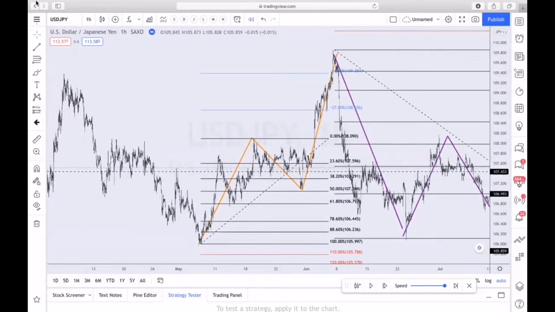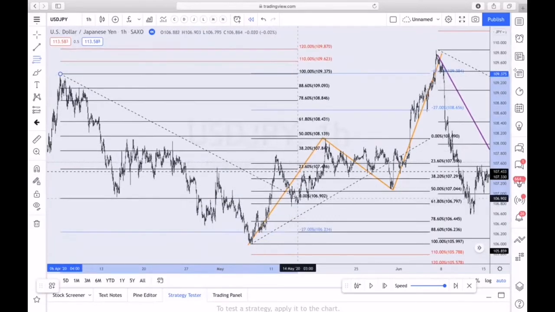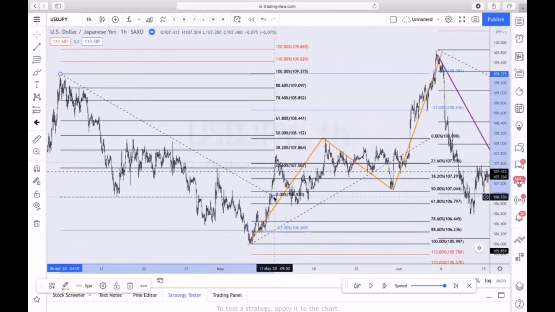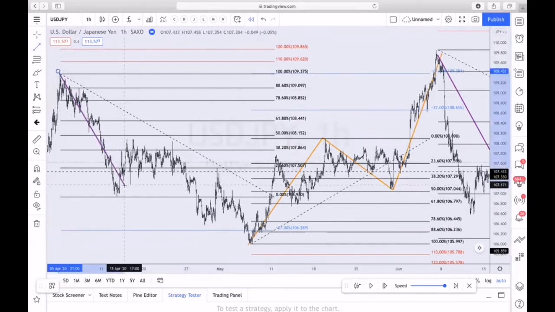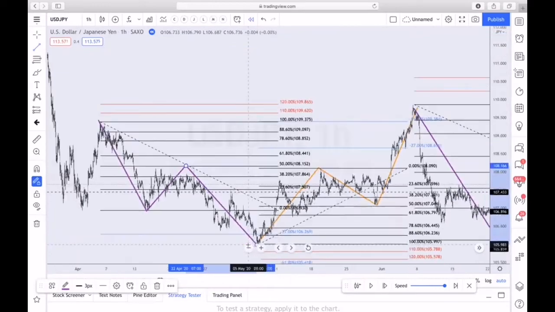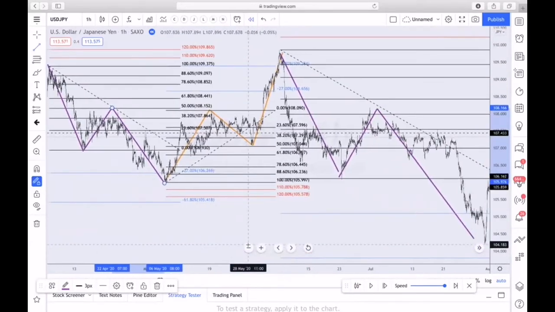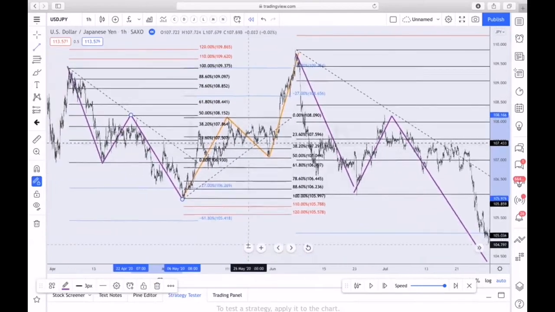Let's get this one also: impulse, correction, continuation in regards to 1-hour structure. We used purple for our downtrend, so let's go impulse, correction, continuation. All right. Everybody see these 1-hour structures? That's all through here. So we have 1-hour fibs.